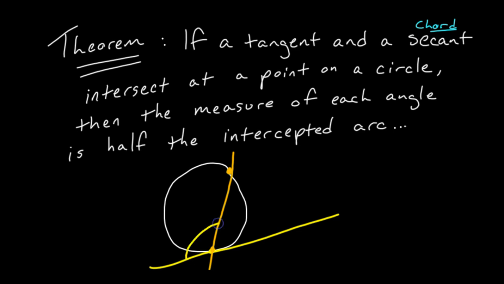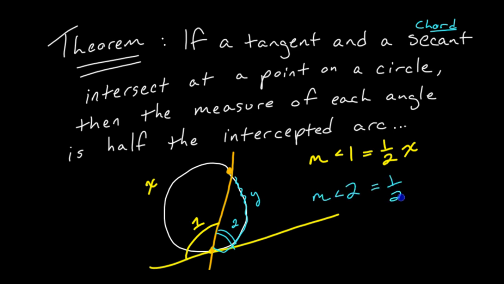So now we're talking about this angle here, the angle that's made, we'll call it angle 1. That's always going to be half of arc x. So angle 1 equals half of x. And you also can have angle 2 over here, and that angle is obviously 1/2 that arc length y. So the measure of angle 2 is 1/2 of y.